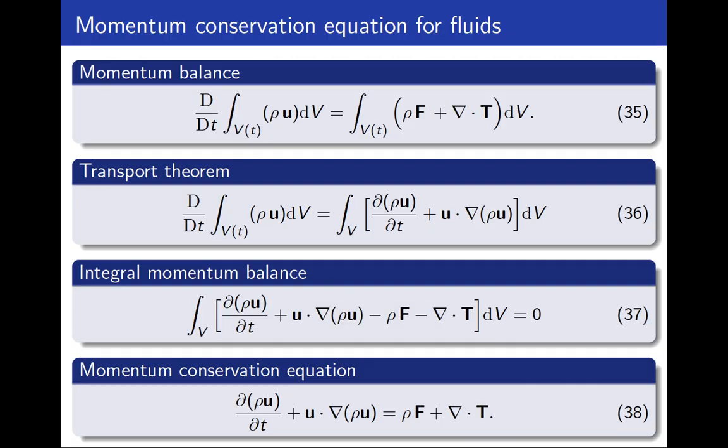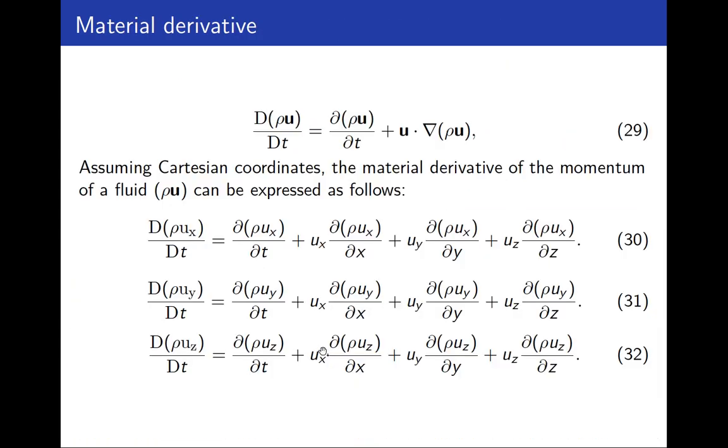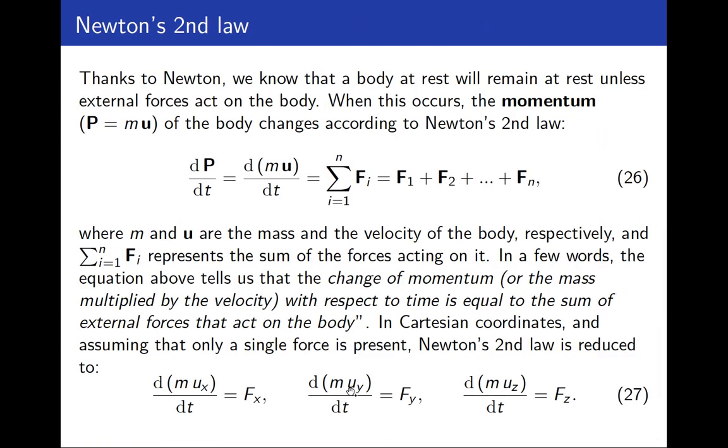So for our momentum balance, how can we obtain a differential equation or an integral equation? Remember, momentum balance is based on Newton's second law. If you remember what I said in my previous slides, we have the total volume, but Newton's second law describes the variation of the total momentum with respect to time.